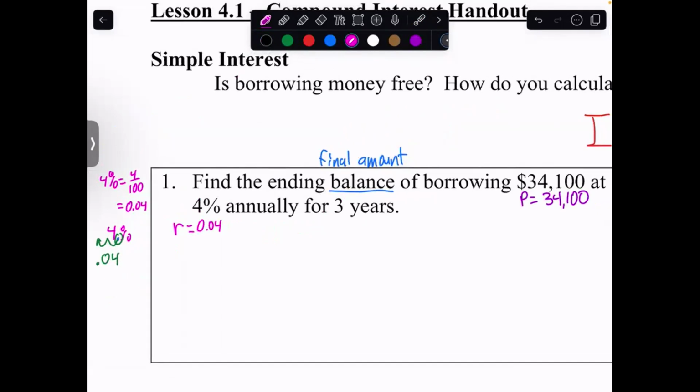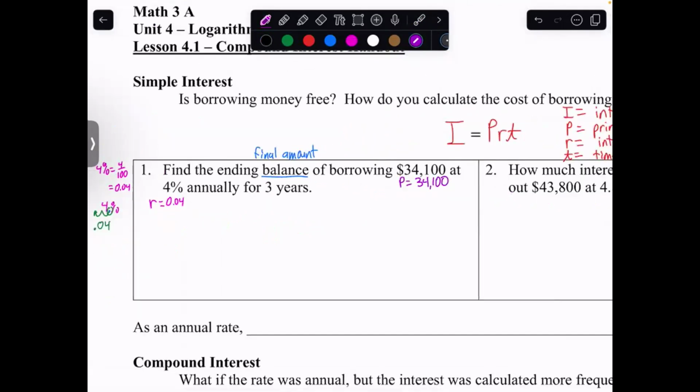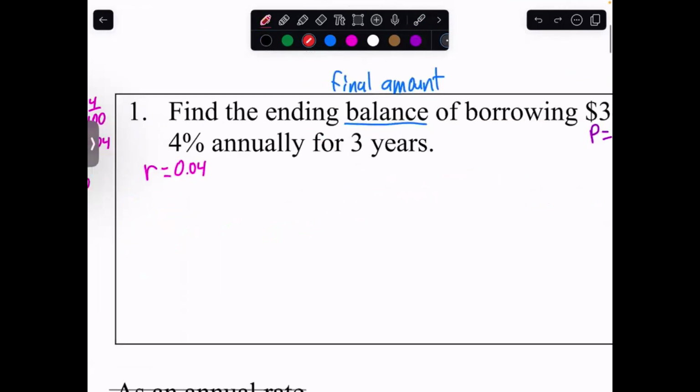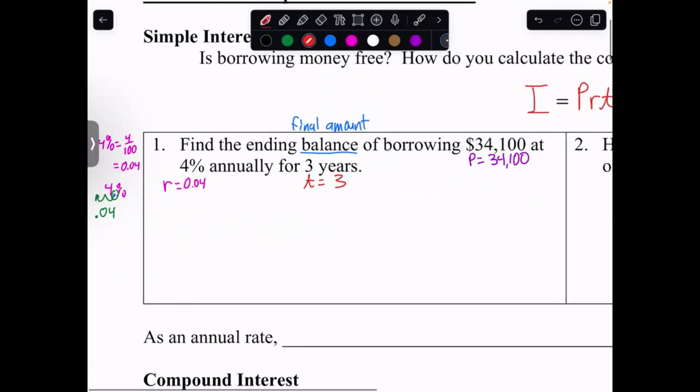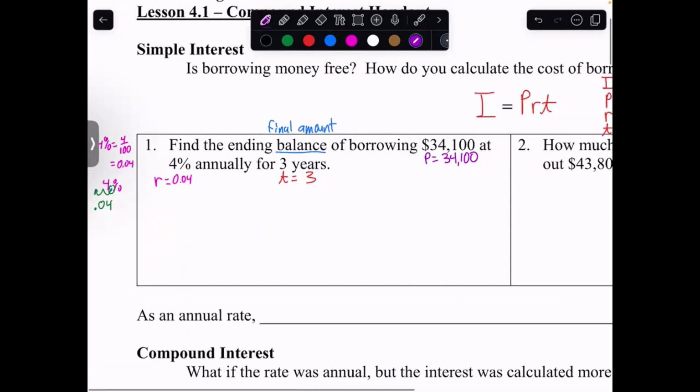And then the last piece of information is that the interest builds for 3 years. So the time is 3, t is 3. This first one is, again, simple interest, so we're just going to substitute all the values into this formula.